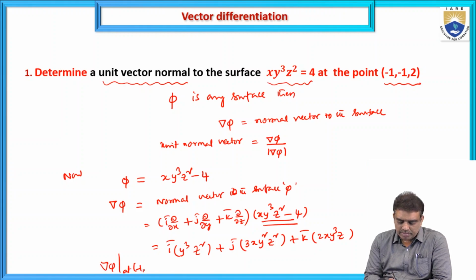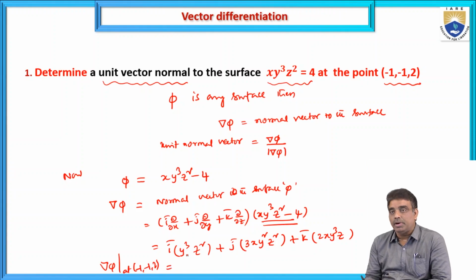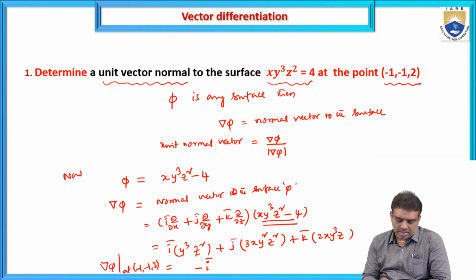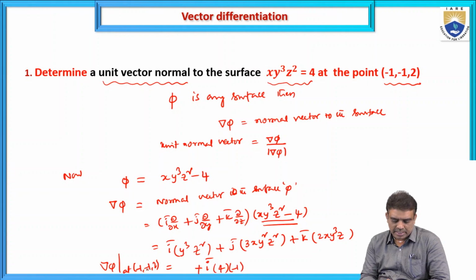Now, what is grad phi at the given point? The point is (-1, -1, 2). So at this point, we get: y³ is (-1)³, that is -1, and z² with z equal to 2 is 2², that is 4, into i bar.